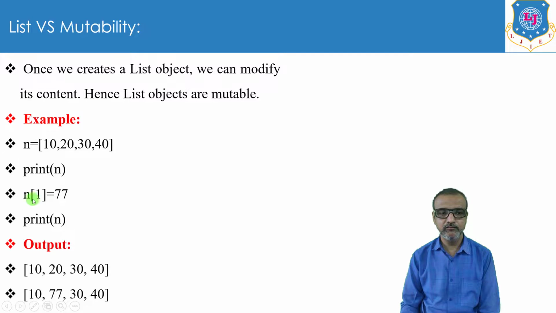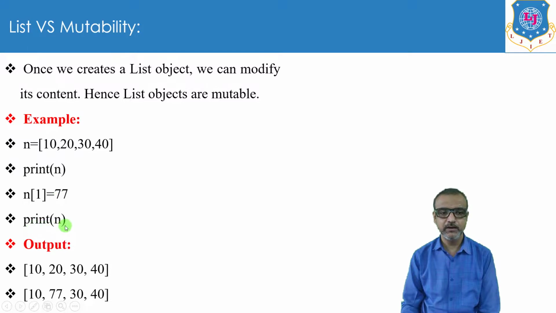So what will n of 1 do? See, this element is at index 0, this element is at index 1, this element is at index 2, and this one is at index 3. So n of 1 equals 77 means that at this position where we have 20, 77 will be assigned.